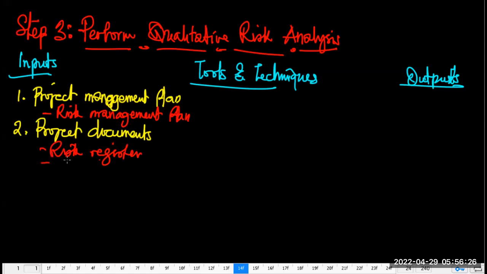You also need the stakeholder register, it's so important. The stakeholder register, you know. And you also need the assumption log.